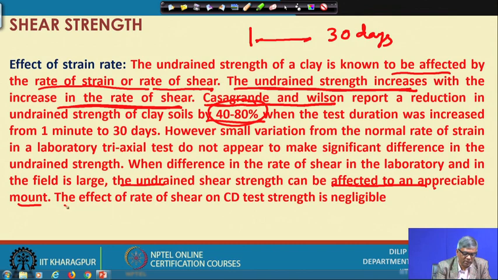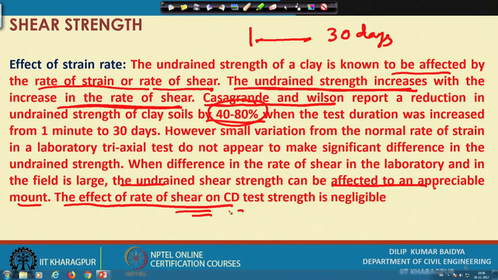Whereas in a CD test, that means a consolidated drained test, there is generally hardly any effect of the rate of strain. So, strain rate does not have much effect on the CD test. These are a few observations: with the change of strain rate there is an increase of undrained strength, whereas in the CD test generally there is no change.